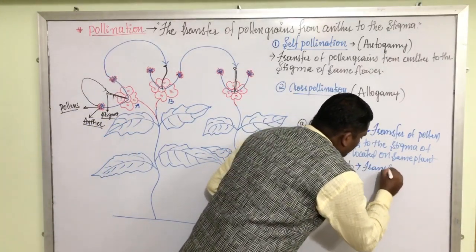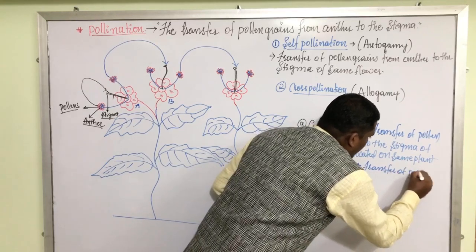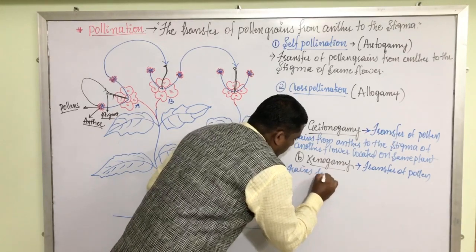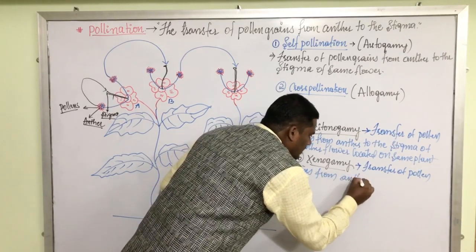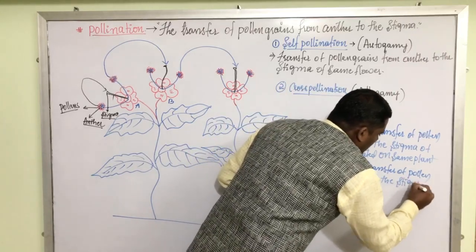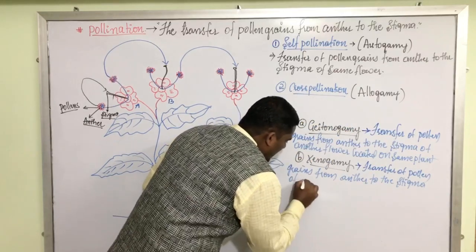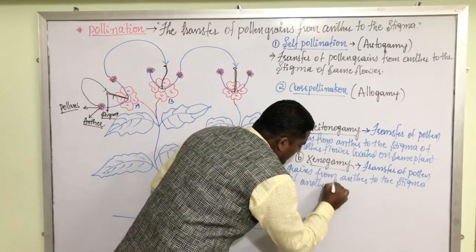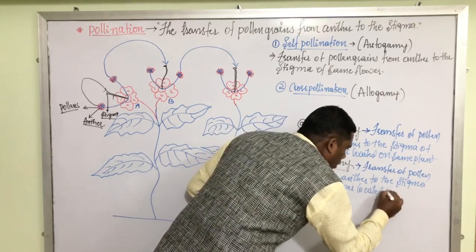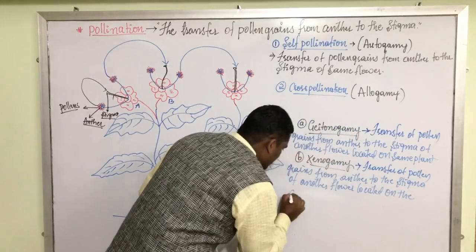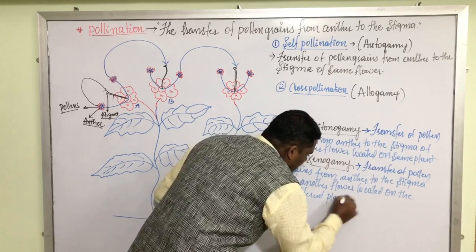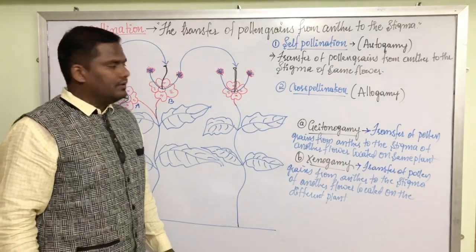Transfer of pollen grains from anther to the stigma of another flower located on the different plant.